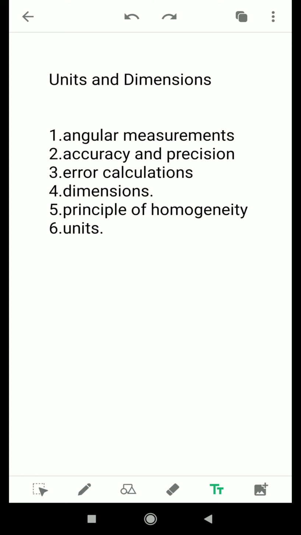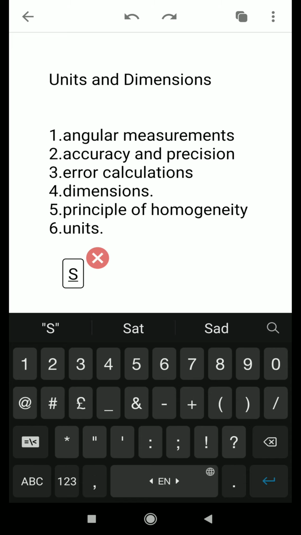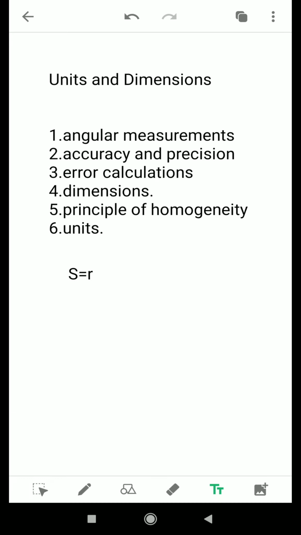First, I show you one thing that you all know. You studied in mathematics an equation where S is the arc of a circle, the length of the arc is S, that equals R theta, where theta is measured in radian.